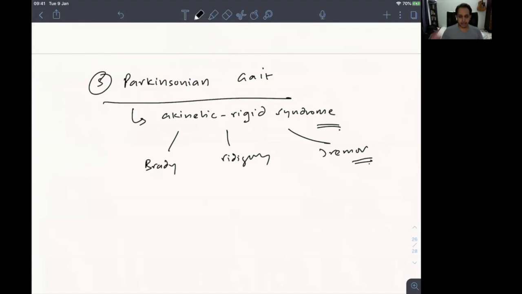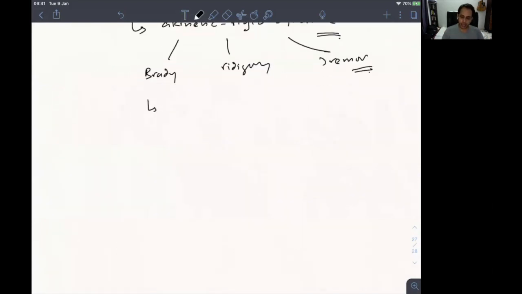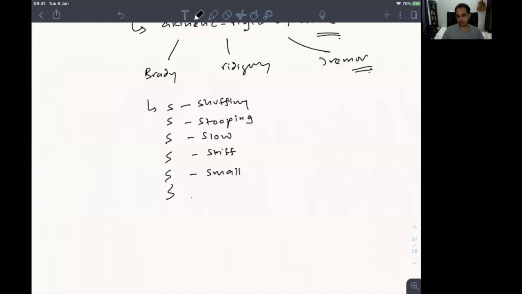So in a Parkinsonian gait, the characteristic features are: it is shuffling, there is stooping, it is slow, stiff, with small steps. Okay, so multiple S factors.